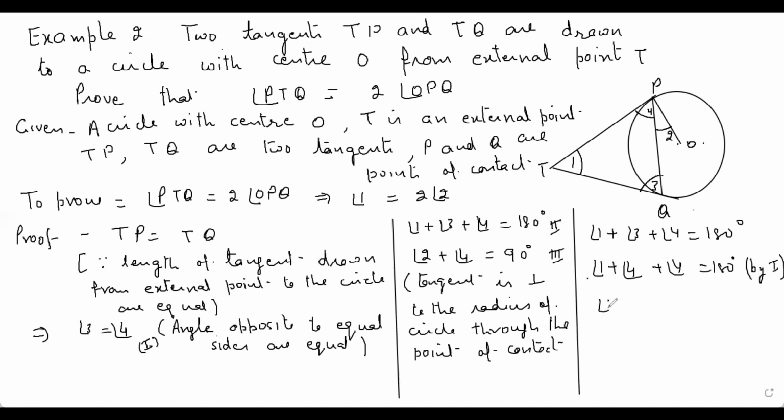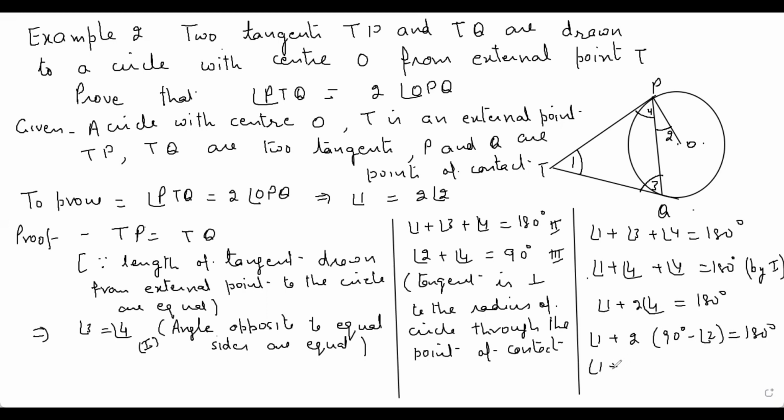It means angle 1 plus 2 times angle 4 is equal to 180 degree. Instead of angle 4, by 3, angle 4 can be written as 90 degree minus angle 2.